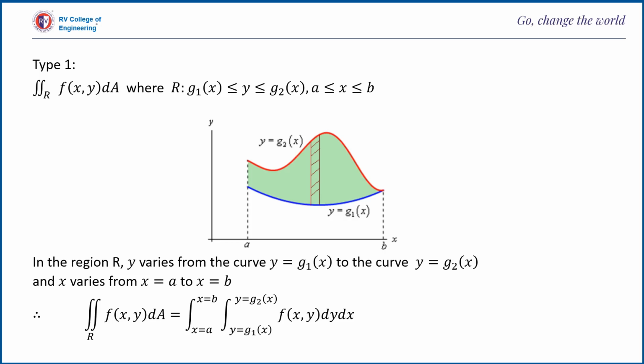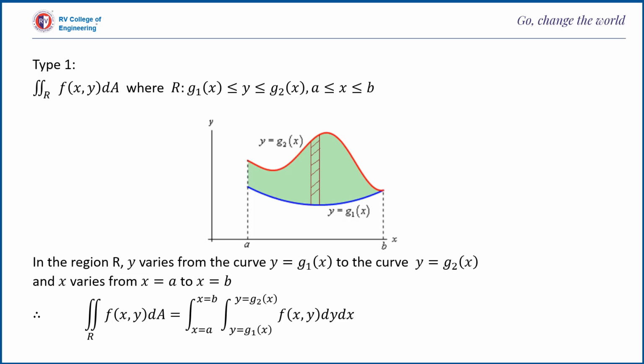to integral x equal to a to x equal to b, integral y equal to g1 of x to y equal to g2 of x of f of x comma y dy dx. So here we observe that the order of integration is first with respect to y and then with respect to x.